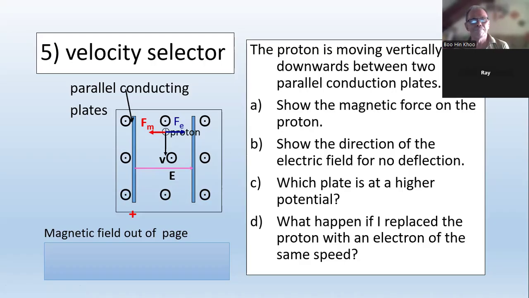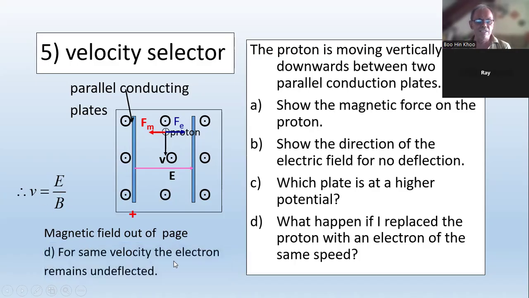Replace a proton with an electron of the same speed. The direction will change, but the deflection stays the same, right? Because in the velocity selector, the equation BV equals E doesn't depend on the charge.